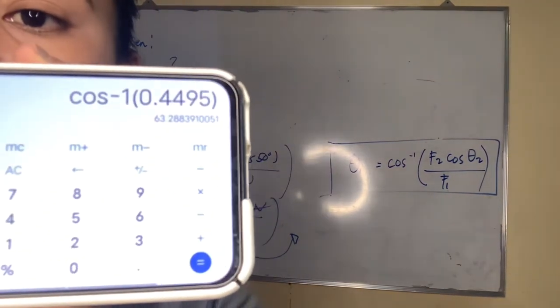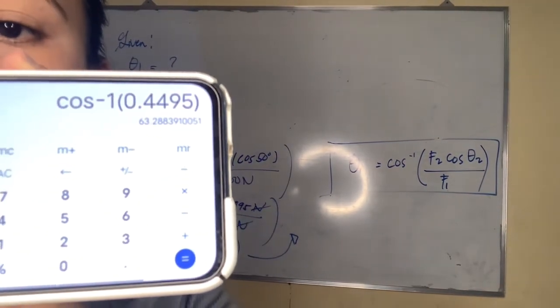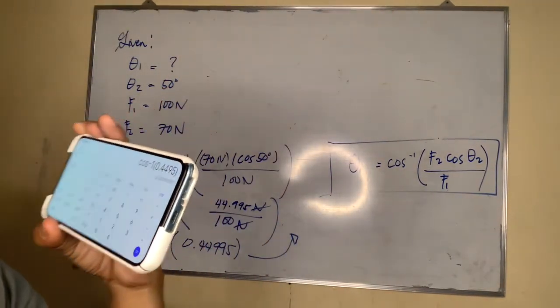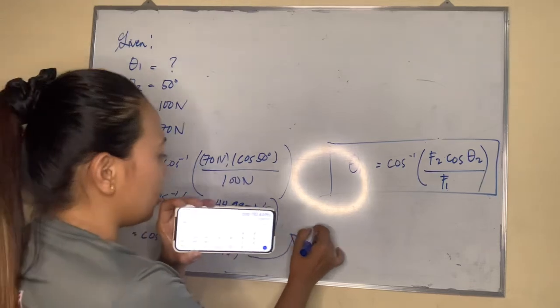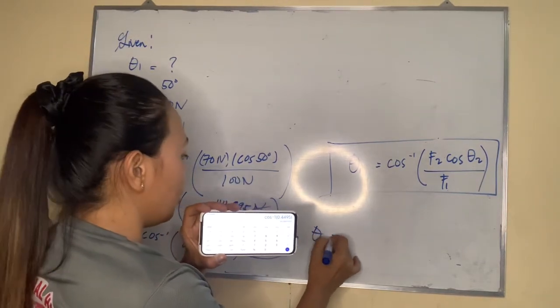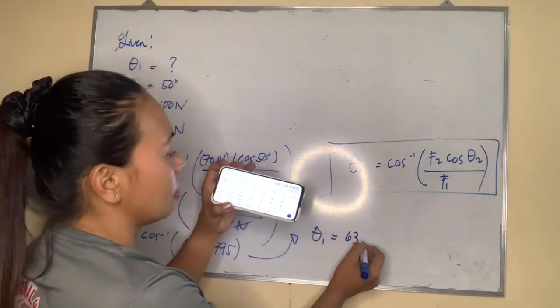What is the cosine inverse of 0.44995? It's 63.3. It's your theta here. Theta 1 is 63.3.